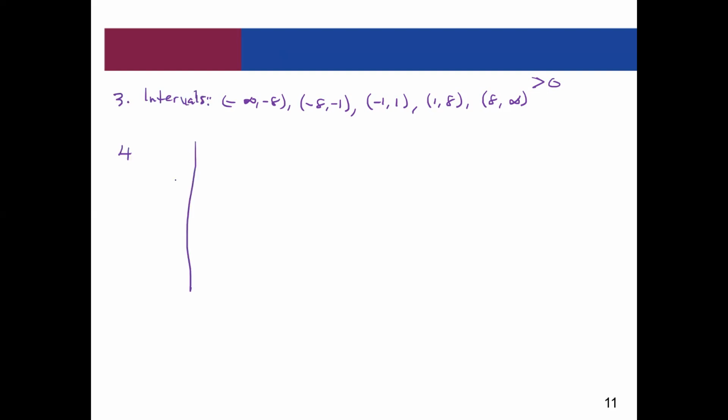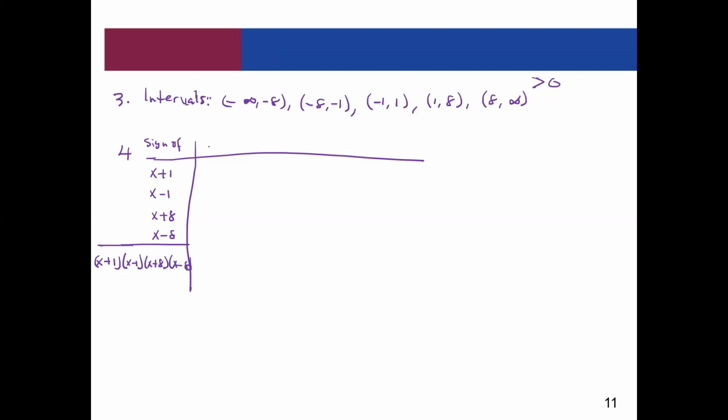So we're going to have this table where we write the sign of x plus 1, x minus 1, x plus 8, x minus 8. And then we have the product of all these: x plus 1 times x minus 1, x plus 8, and then x minus 8.